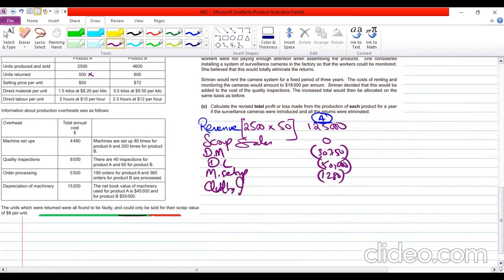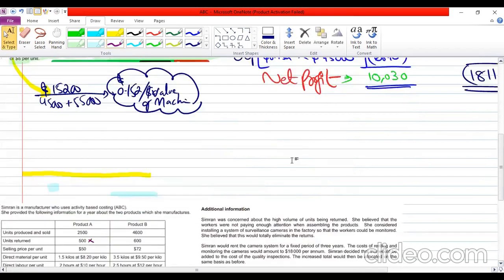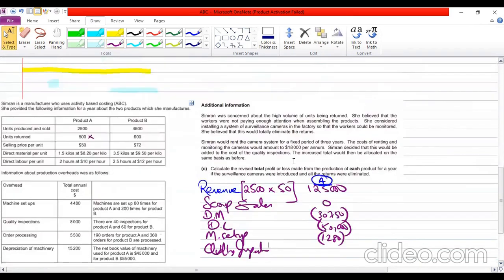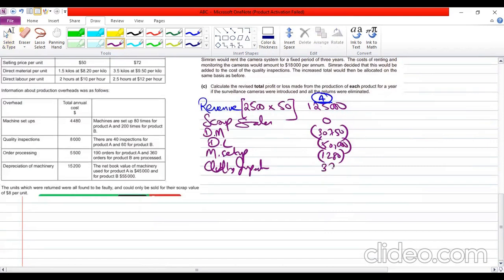Quality inspection as above, it was how much? 3200. Then order processing as above, 1900. And depreciation as above, 6840.